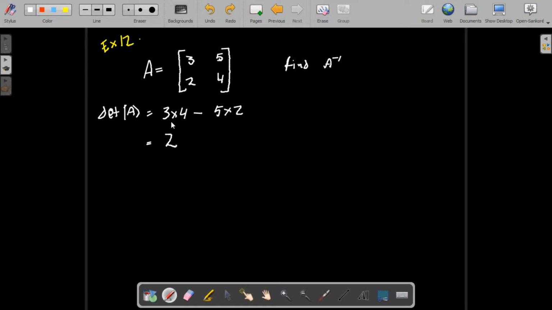Okay, so that's that one, and that one was that one. Okay, so just see how they swap around to get that resulting matrix.